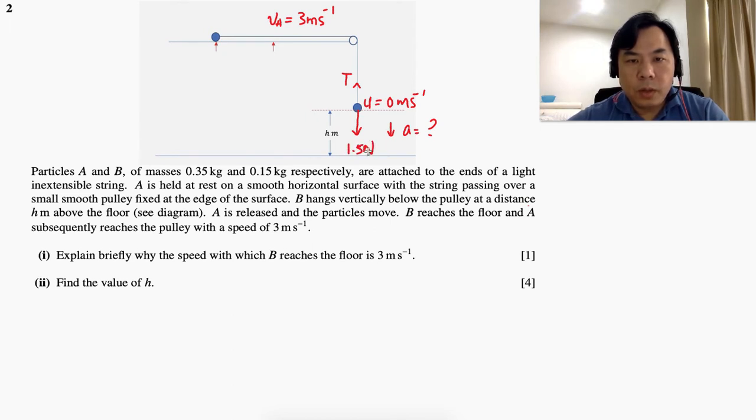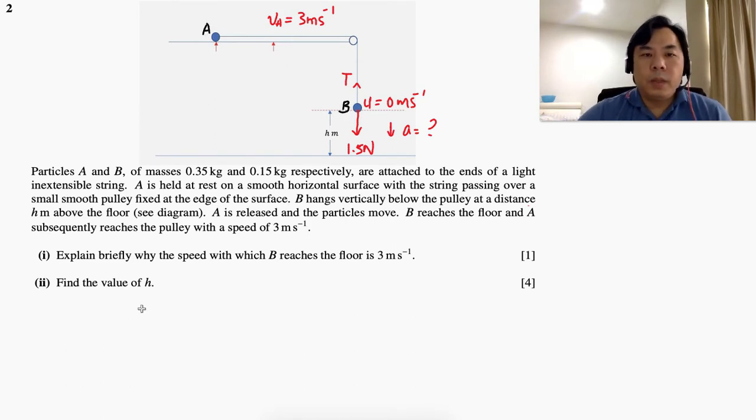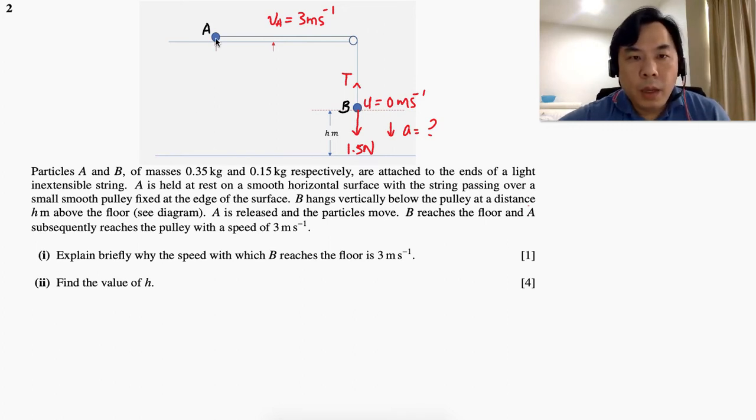So that will be the weight for particle B. Let me label this so that we can differentiate A and B. For A, it has a weight of 3.5 Newton. It also has the same tension as experienced by particle B.